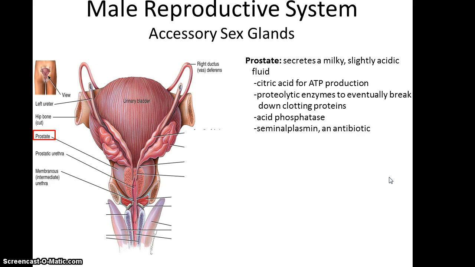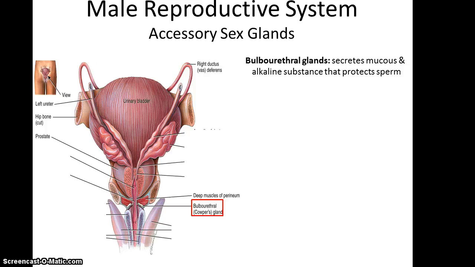This secretion is a milky, slightly acidic fluid. It has citric acid, which is important for ATP production, the energy currency of the cell. It has proteolytic enzymes that will eventually break down the clotting proteins that were produced by the seminal vesicle. It also has acid phosphatase and seminalplasmin, which is an antibiotic. Want to keep things healthy.